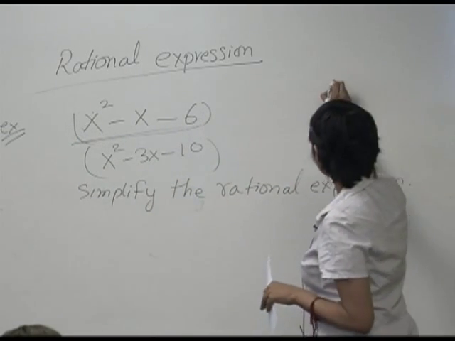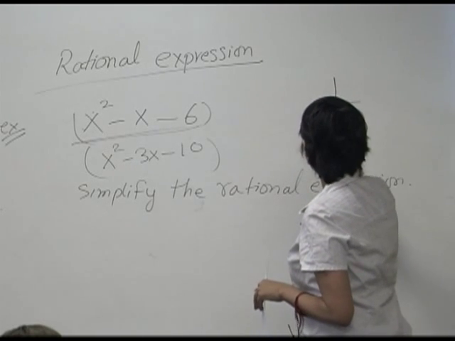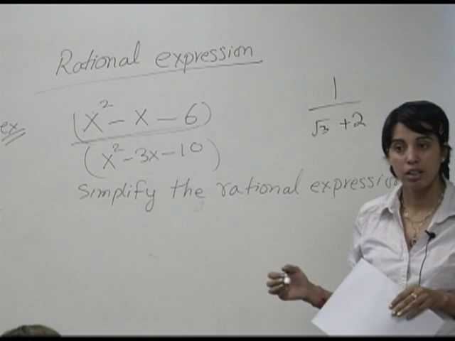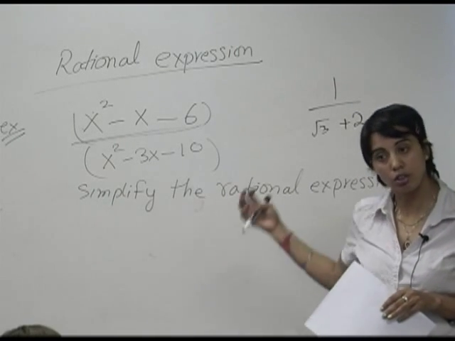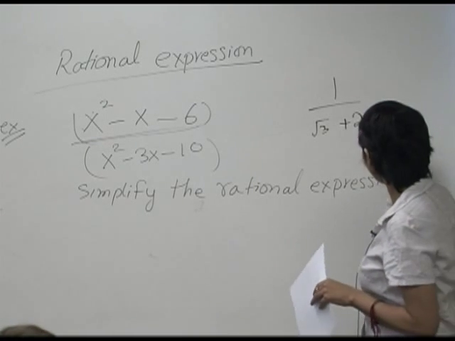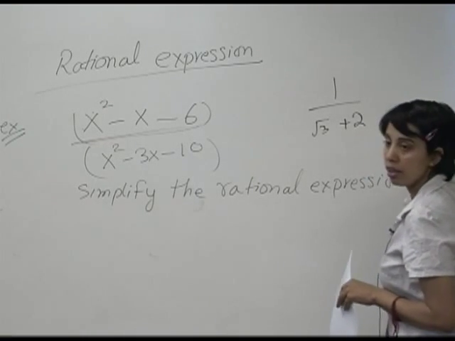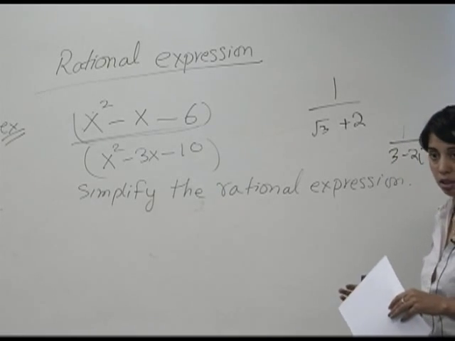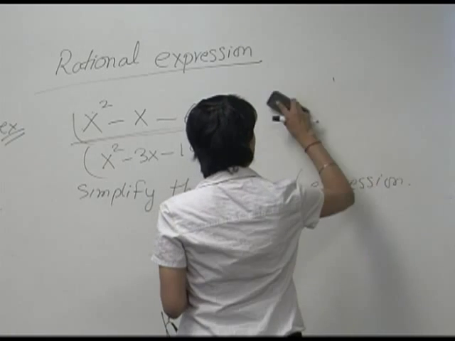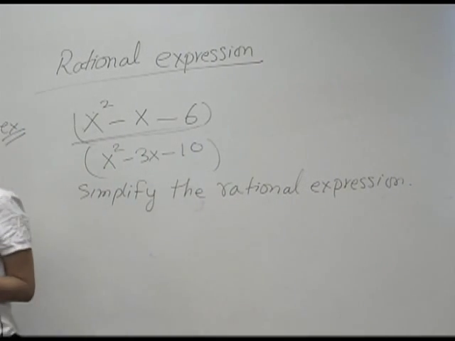If you have something like the square root of 3 plus 2 and I ask you to rationalize the denominator, we're going to do this problem soon, then you take the conjugate. Or if you have 3 minus 2i, you take the conjugate. Not in this case, but that's a good question. If you were thinking that, many others are going to think the same way.